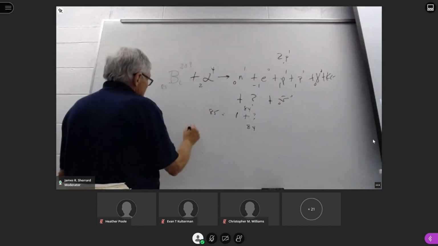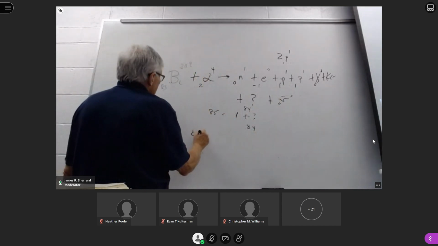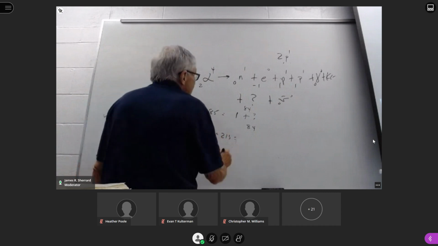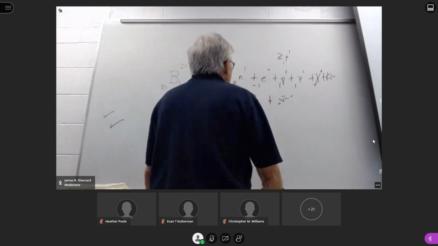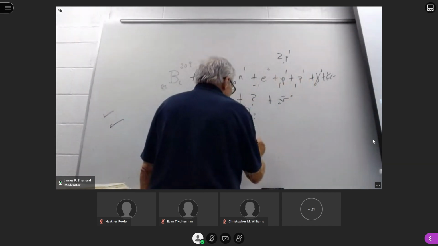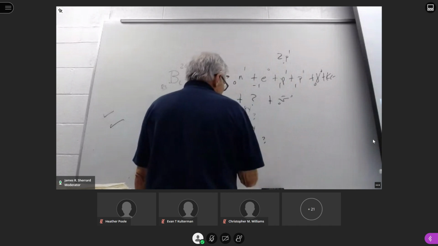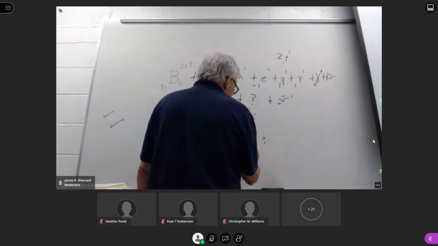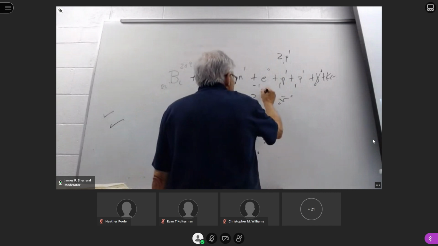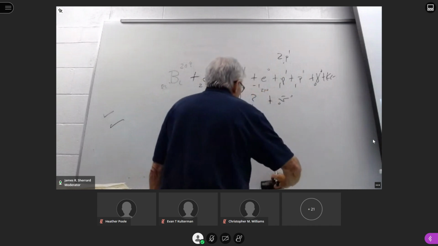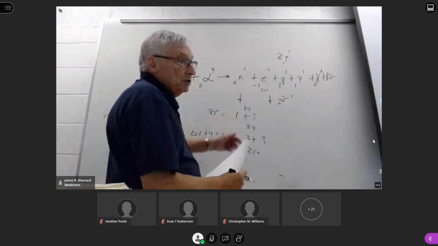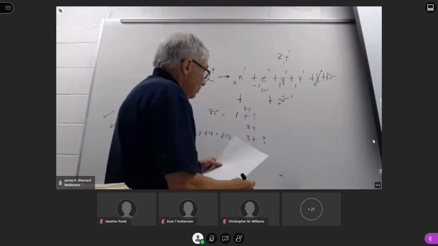If we look at the superscripts, that's going to be 209 plus 4, which is 213. If we look on this side, we have 1, 2, 3 plus something. So that something has to make that equal 210. So using the subscript to identify the element, we know that that is.